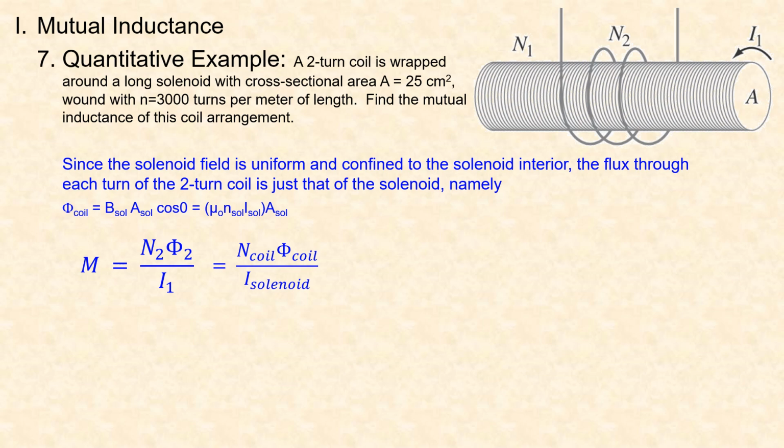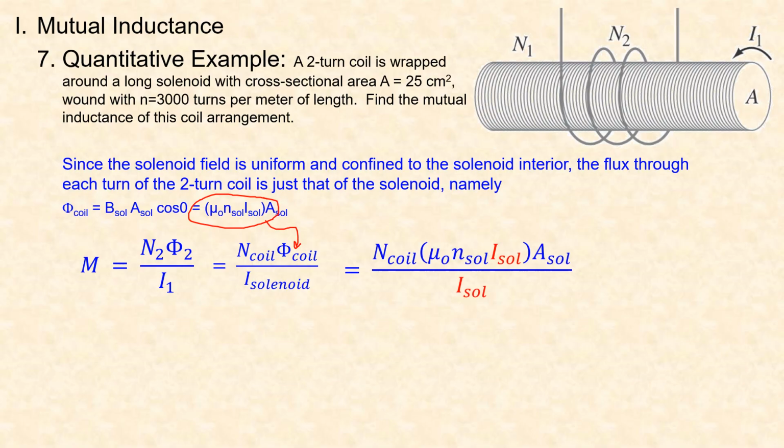So we'll let the two-turn coil represent the quantities in our numerator and the solenoid the quantities in our denominator. When we plug in this expression here for the flux of the coil, we end up with this expression here.